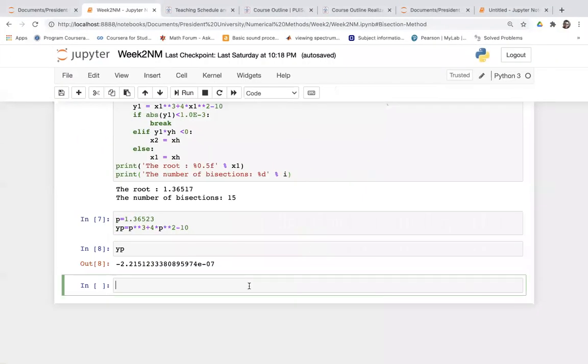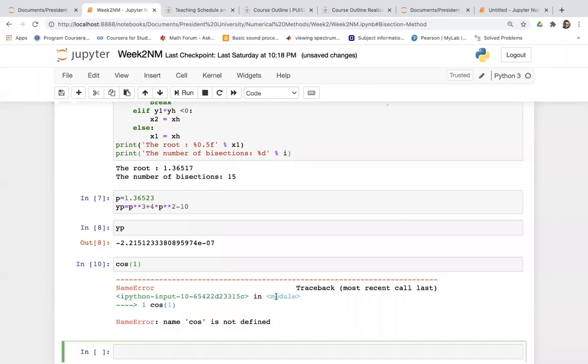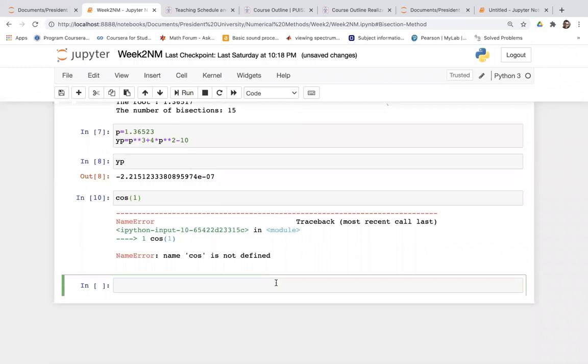So if you want to use Python, you need to import a package first, yeah. It's called the math package. If you do not activate the package, it will not work. Look at this. It's an error, yeah. Python does not recognize the cos.